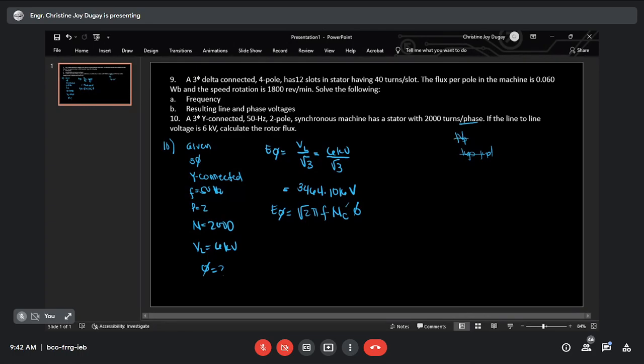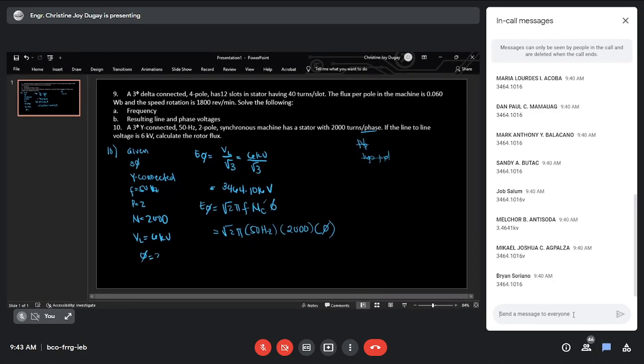So, ibig sabihin, pwede na natin this one as na gagamitin. So, square root of 2 pi F natin, which is 50 Hertz, NC, which is 2,000, and then flux, no? Wherein, ang value ng E-phase natin is 3,464.1016. So what is now the value of flux?